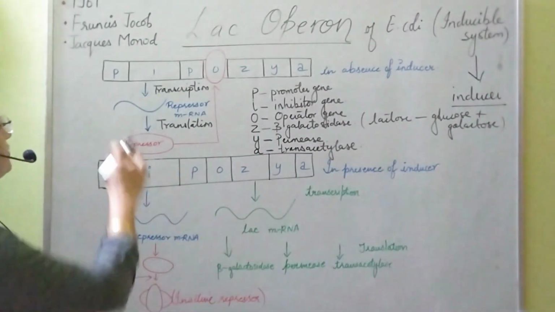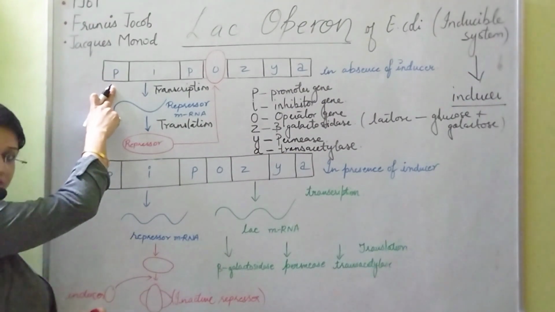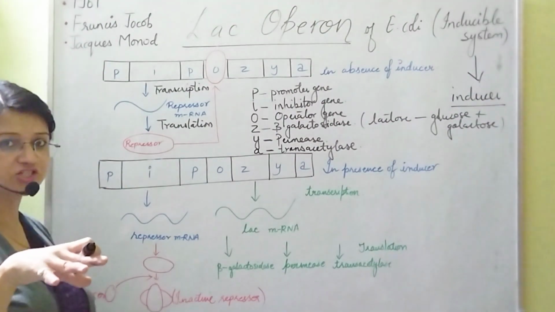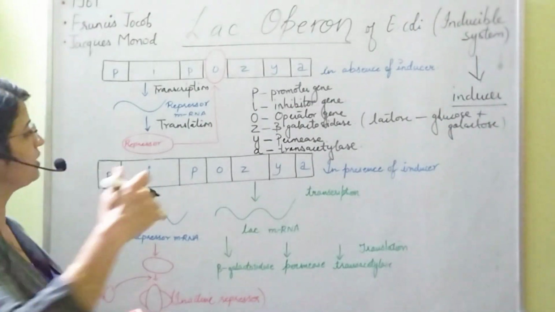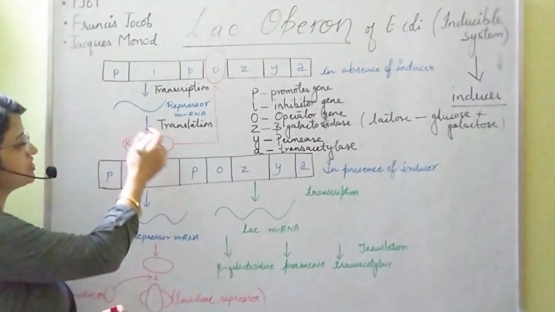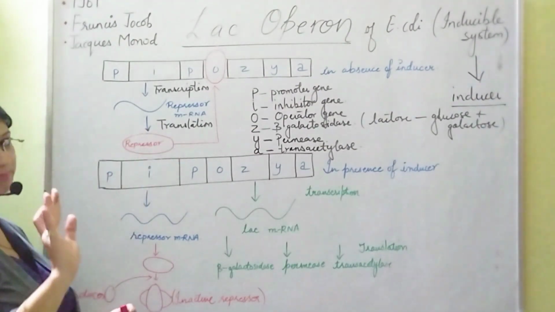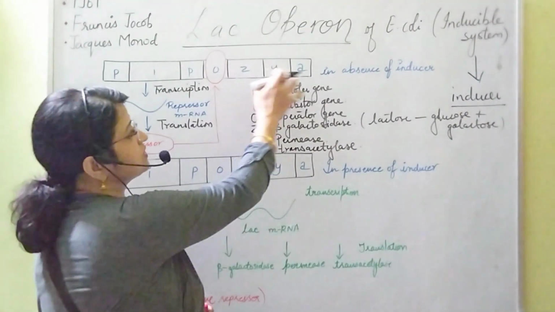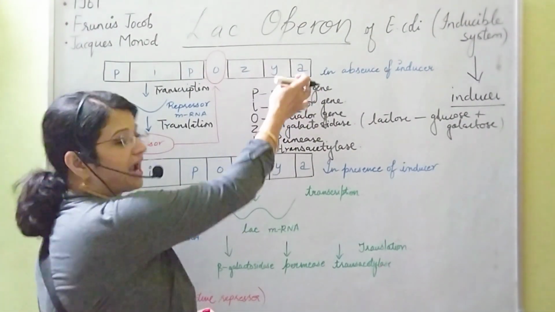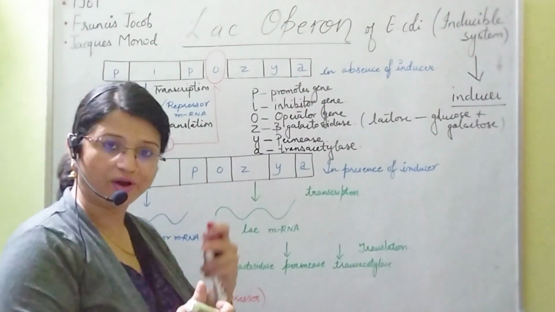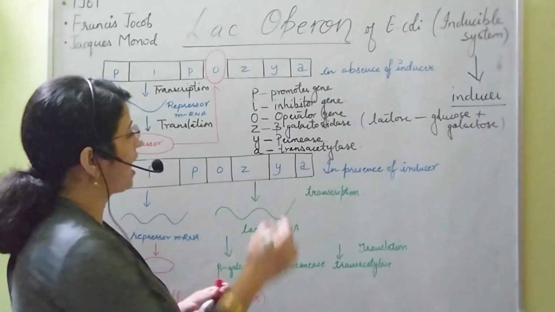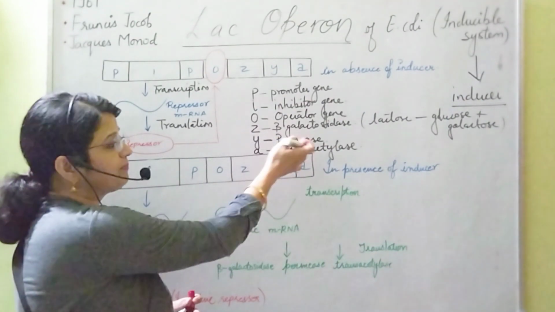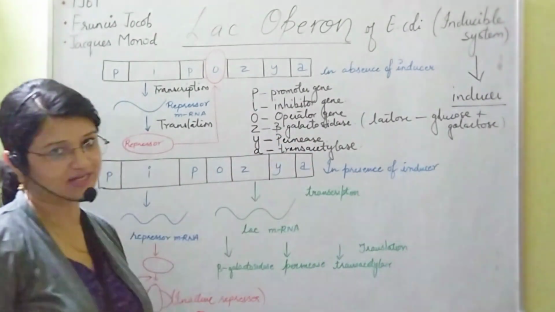Again we will see: P for promoter gene, where RNA polymerase will bind. I for inhibitor gene or regulator gene, which will undergo transcription and translation and produce a protein called the repressor protein. This is the operator gene. This is the structural gene Z, Y and A. They undergo transcription and translation: Z produces beta galactosidase, Y permease and A transacetylase.